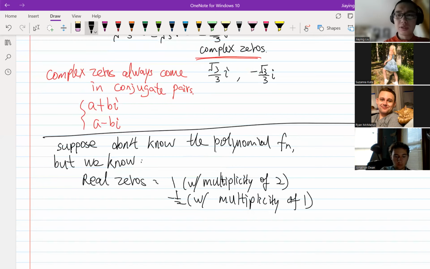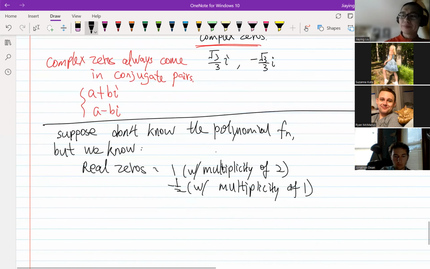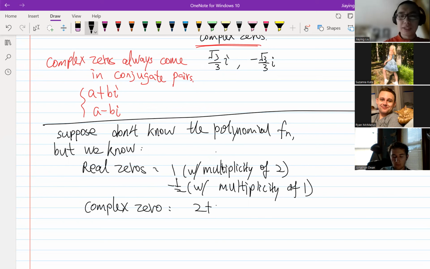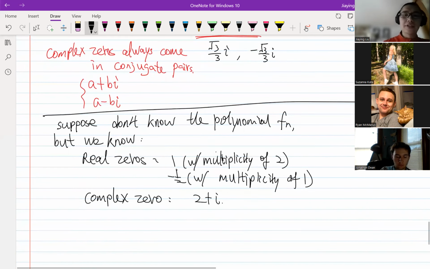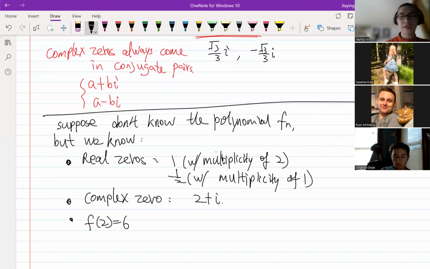And there's also a complex zero that's given, which is 2 plus i. And we also know that f of 2 equals 6. So that's the information we know.